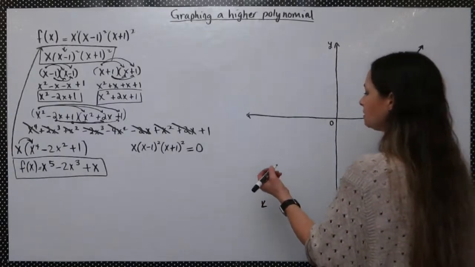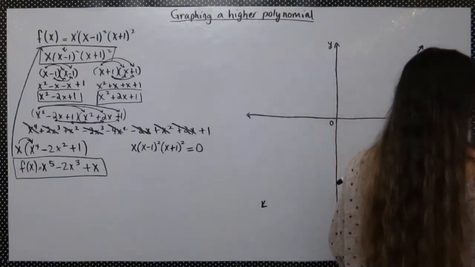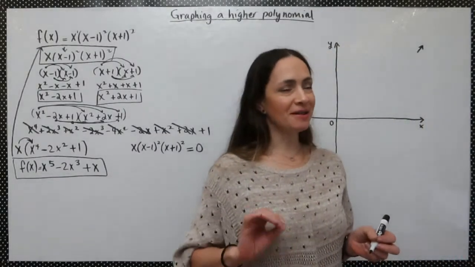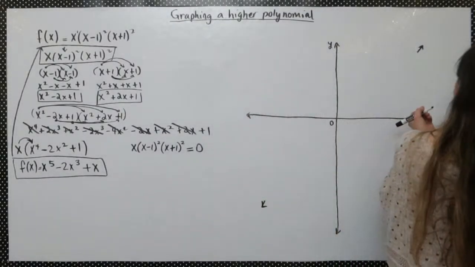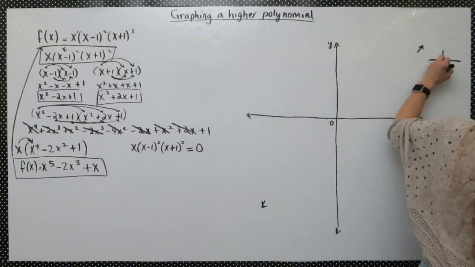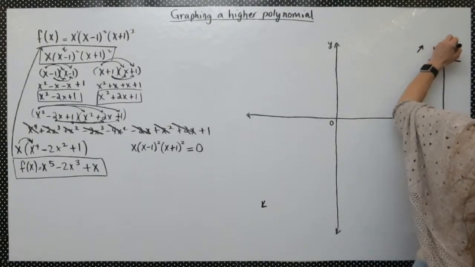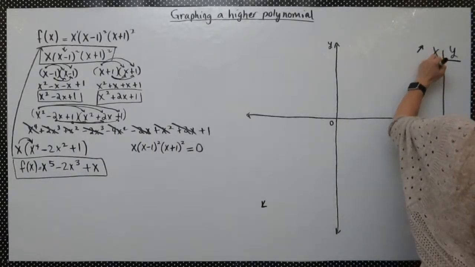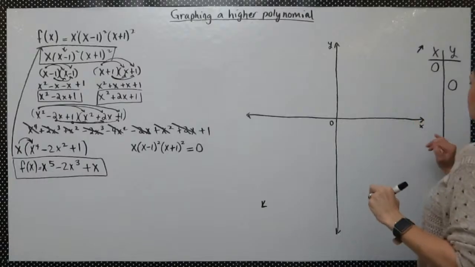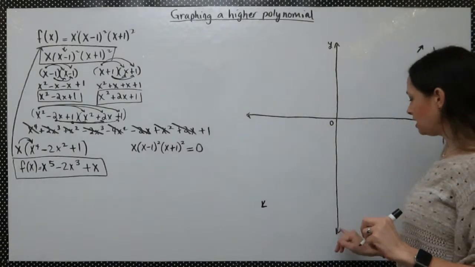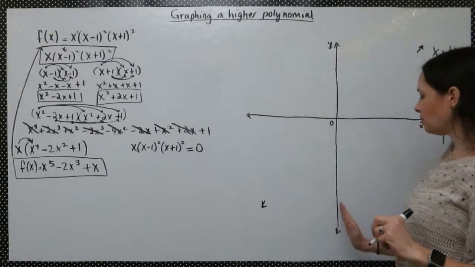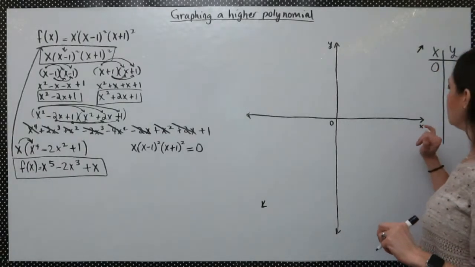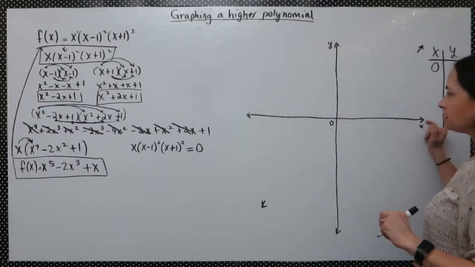If we were going to set up a table, which, if you have watched any of my videos, you know I like the table, go ahead and set up a table here, specifically when x is 0 and when y is 0. When x is 0 is your y-intercept, because every value on this line has x equal to 0, and similarly, your x-axis is where y is 0.